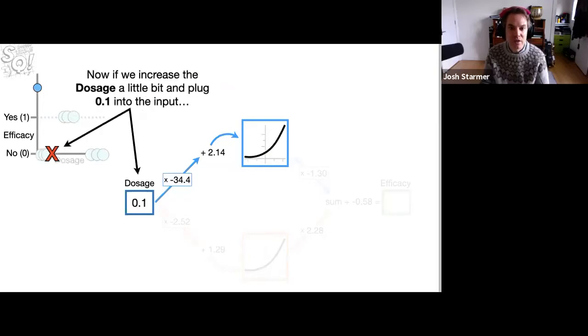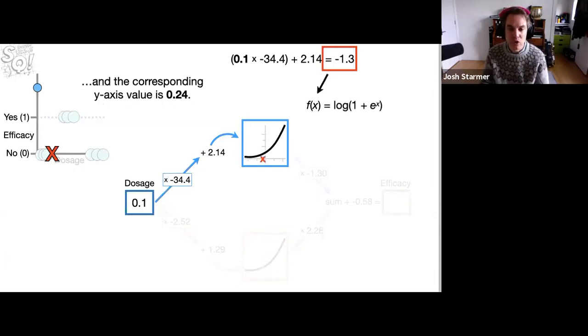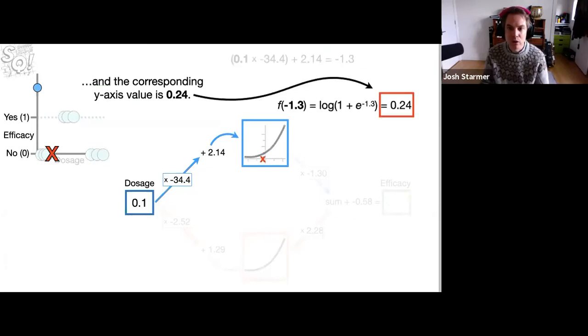Now, if we increase the dosage a little bit and plug 0.1 into the input, the x-axis coordinate for the activation function is negative 1.3. And the corresponding y-axis value is 0.24.